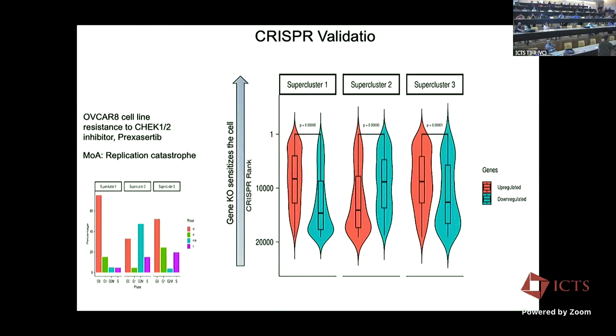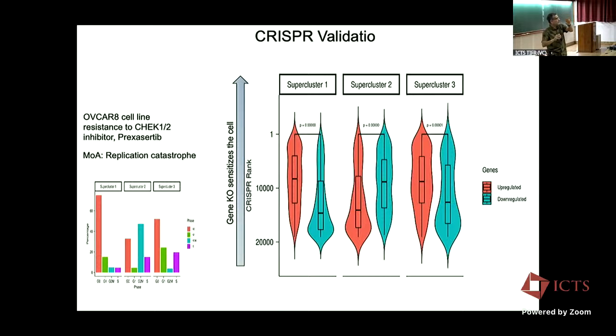So Dr. Gottesman is very well known for multi-drug resistance, ABC transporters. He happened to have a whole bunch of whole genome CRISPR knockout data sets in his lab. They are interested in knowing which gene knockout modulates drug resistance to a specific drug in a specific cell line.